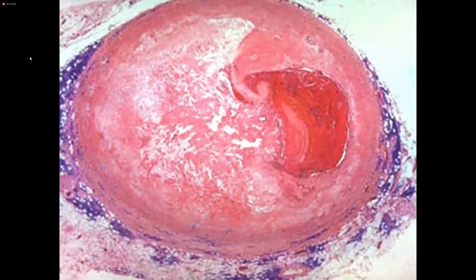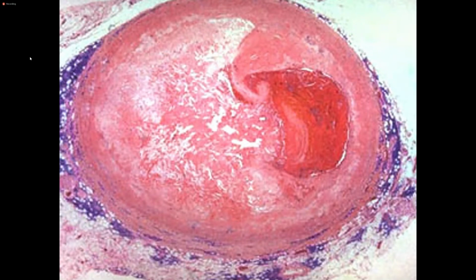So here, the idea of this image is to show you that in patients with atherosclerosis, if the atherosclerotic plaque is occluding 70% and above, it's only at this point that patients start feeling the anginal pain.